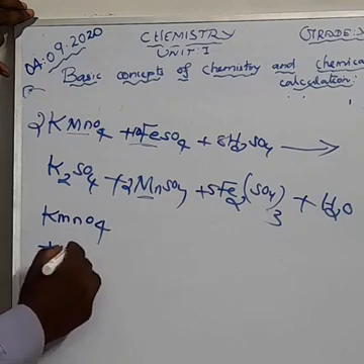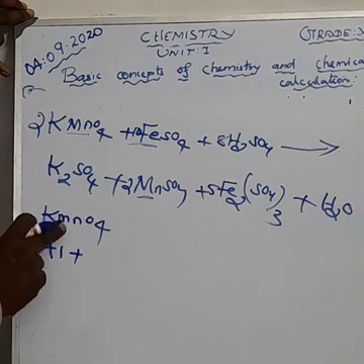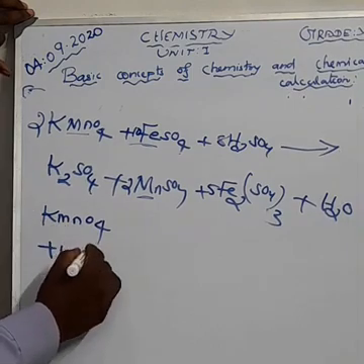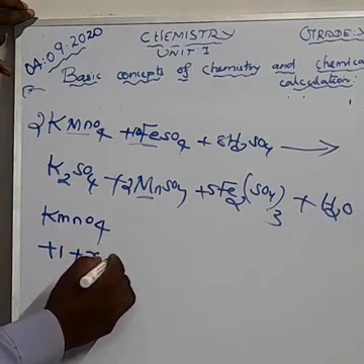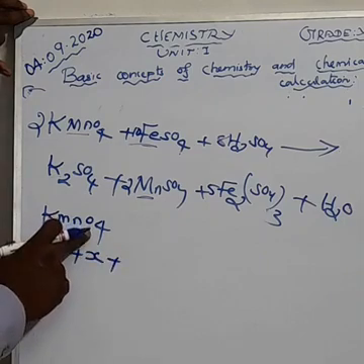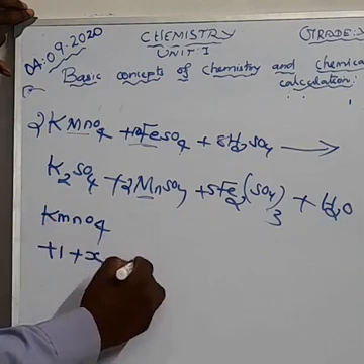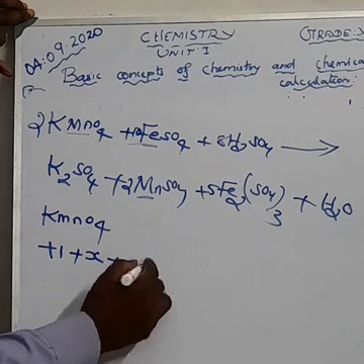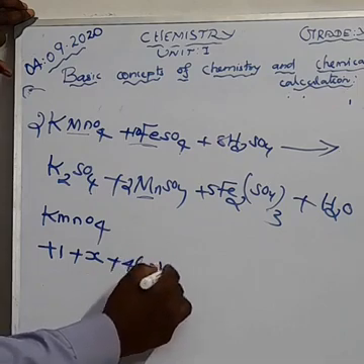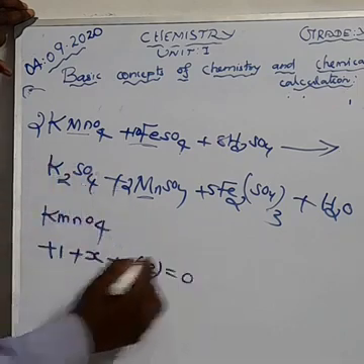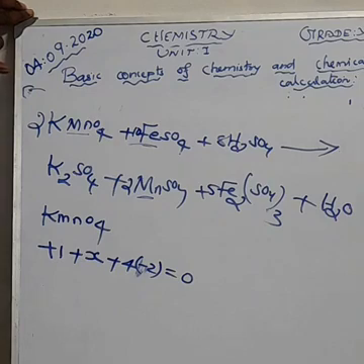Plus 1 plus manganese, you want to find out, you take as X. Clear? X plus how much oxygen is there? 4 oxygen. 4 into minus 2, minus 8, is equal to, there is no charge, so taken as 0. Clear?